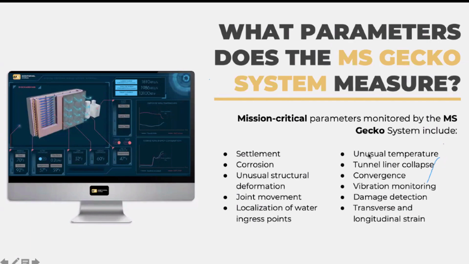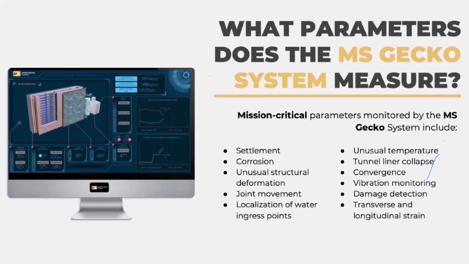Yes, so now let's talk about the different parameters that we can monitor. This is just a short list of those parameters. Those parameters can be expanded by adding different types of sensors which are required by the project.